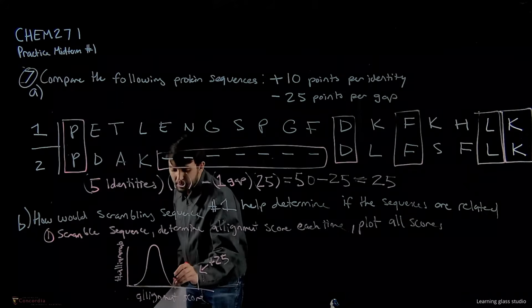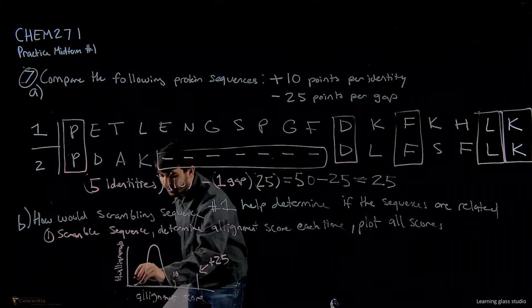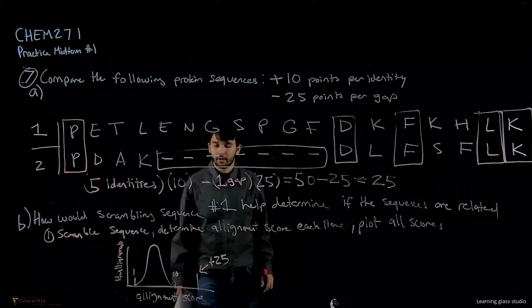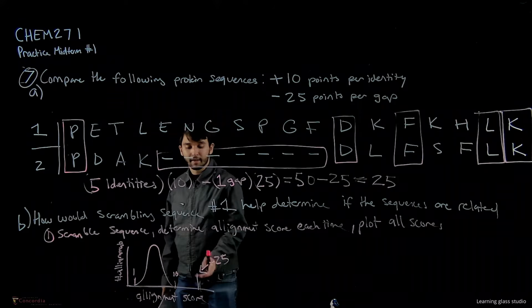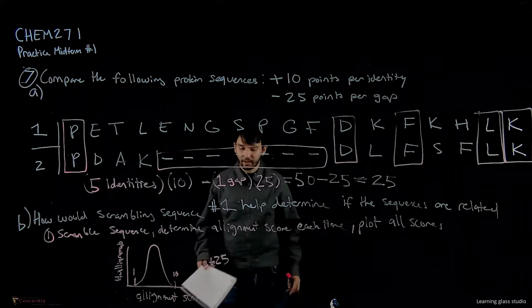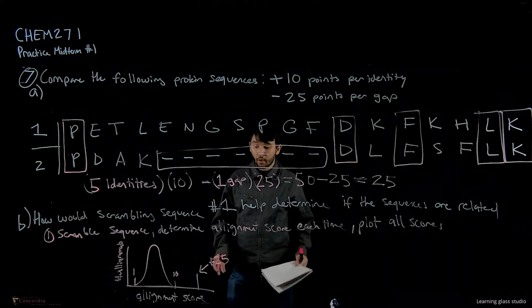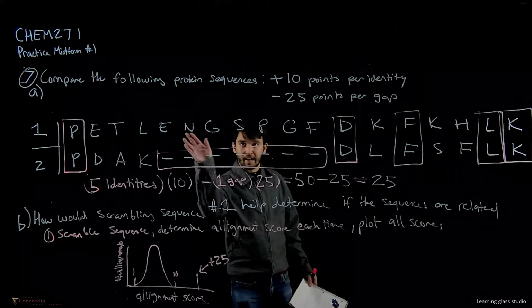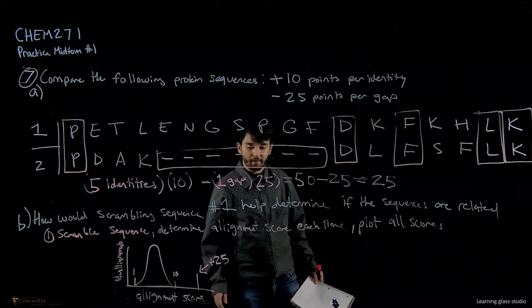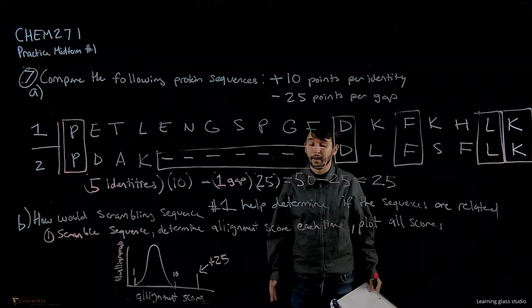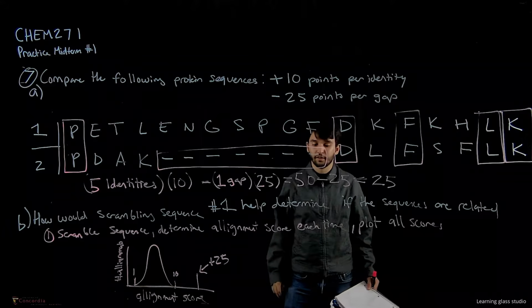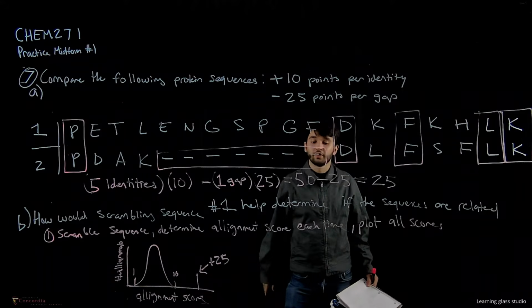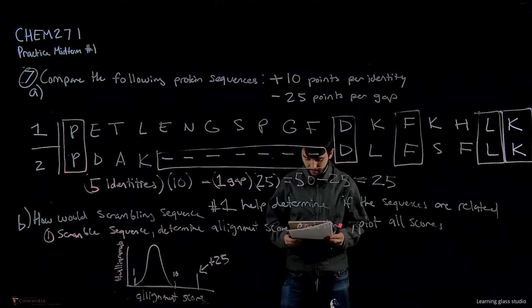This is all maybe like, let's say 10 to 1. Okay, if we see that our alignment score is significantly higher than the alignment scores from scrambling the sequence, we know that it is unlikely that this alignment occurred by chance, and that there is more likely an evolutionary explanation as to why these two sequences are related, why they share so many identities, okay?